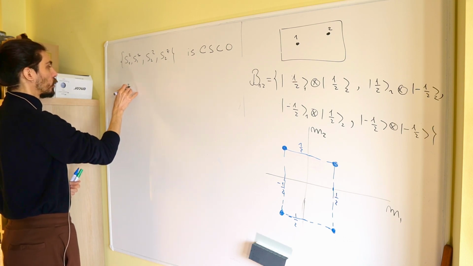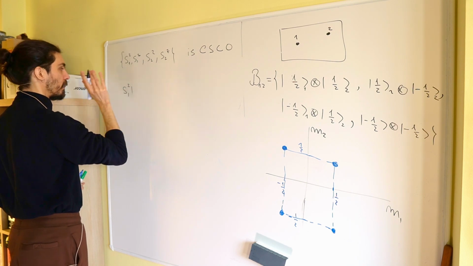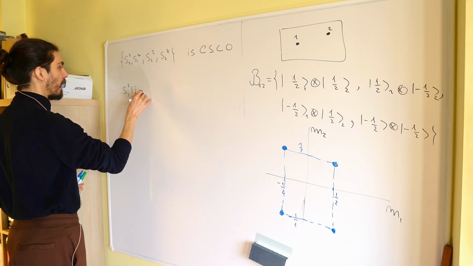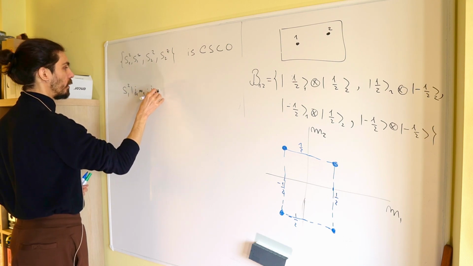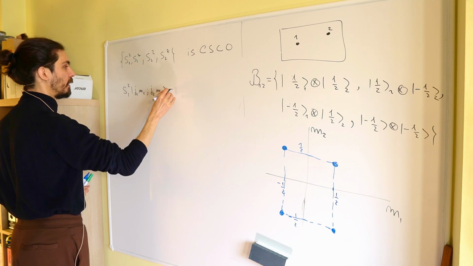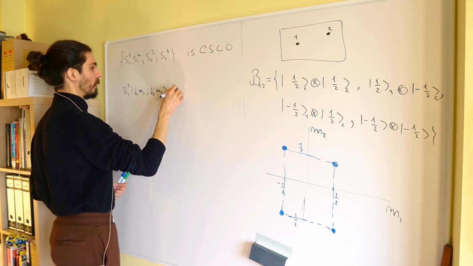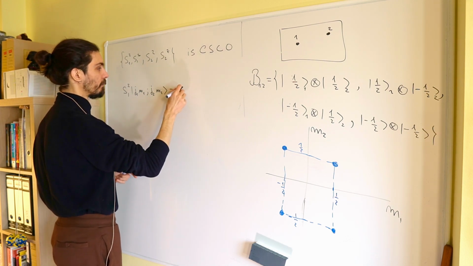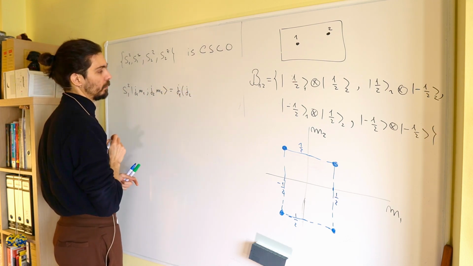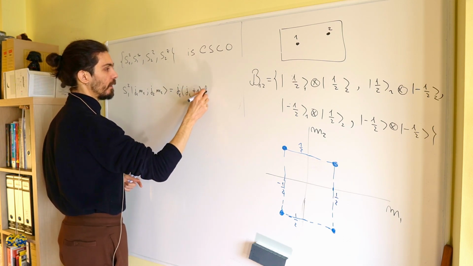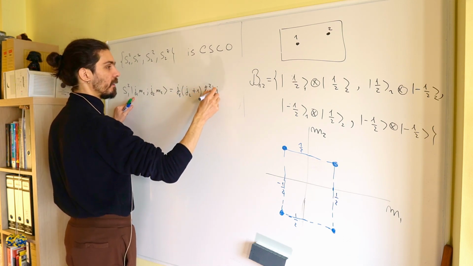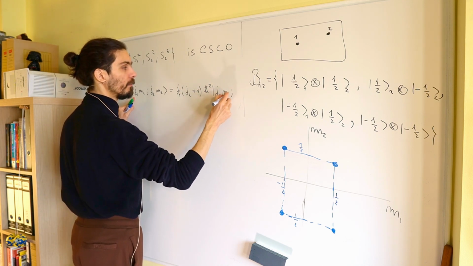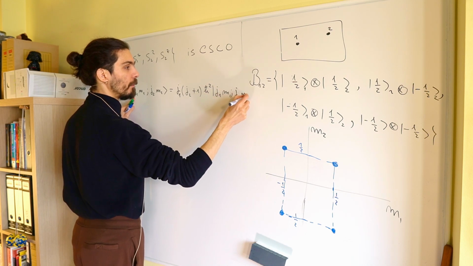So S1 squared, when it acts on J1, M1, J2, M2, is equal to J1 (J1 plus 1) h bar squared, and now you write this thing again, J1, M1, J2, M2.